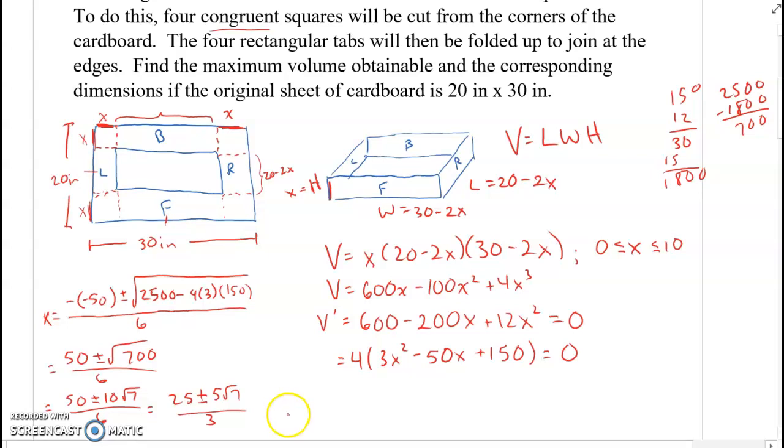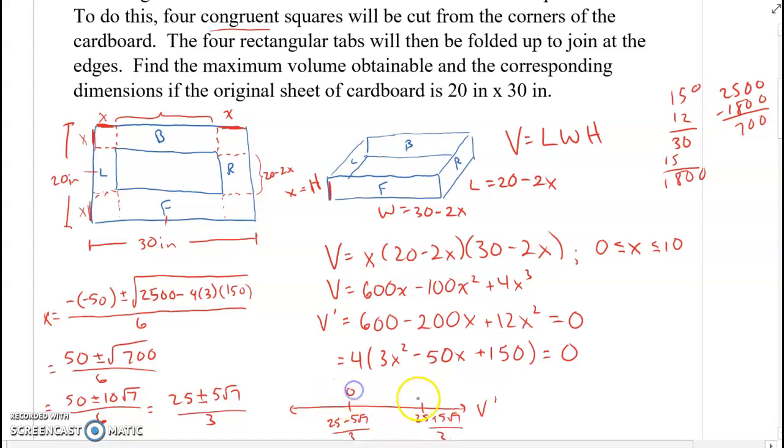On our V prime line, we've got our quadratic, right? V prime is a quadratic, so because of the positive leading coefficient, we know it's a right side up parabola. So our left side is going to be the smaller of the two, 25 minus 5 root 7 over 3. And the right side is going to be the positive one, 25 plus 5 root 7 over 3.